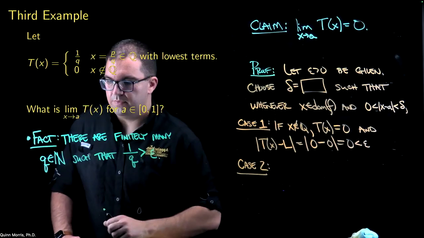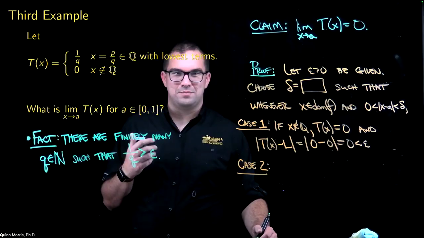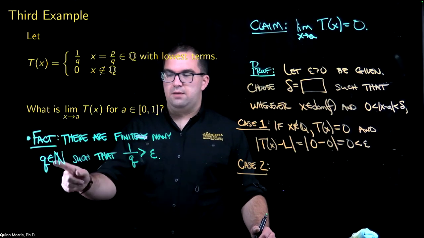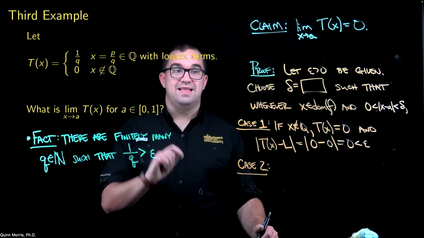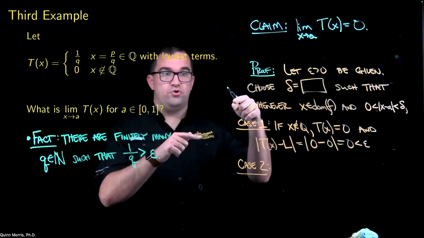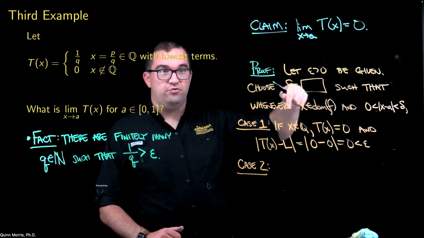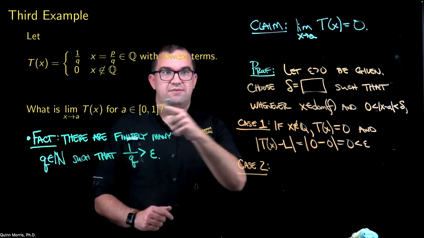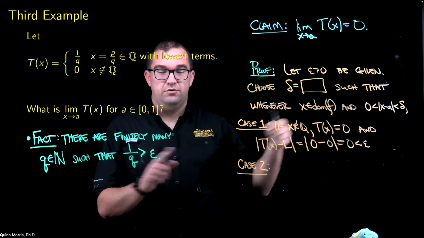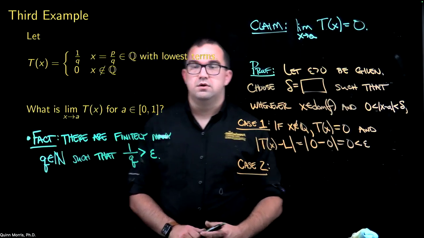Now, why is this true? This is a corollary of one of the corollaries of the Archimedean principle. I know that eventually there will be some natural number Q such that this will be less than epsilon. And once I get to that Q that's big enough to make 1 over Q less than epsilon, all the Q's beyond that will be such that 1 over Q is less than epsilon. So there can only be finitely many natural numbers leading up to that natural number for which 1 over Q is greater than epsilon.